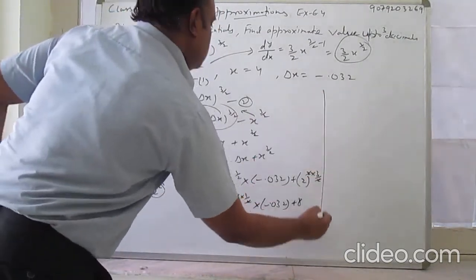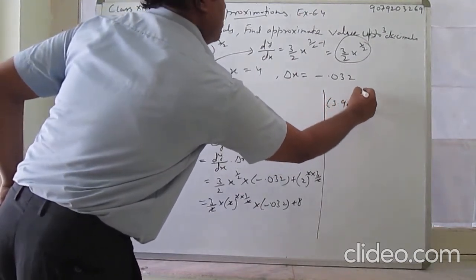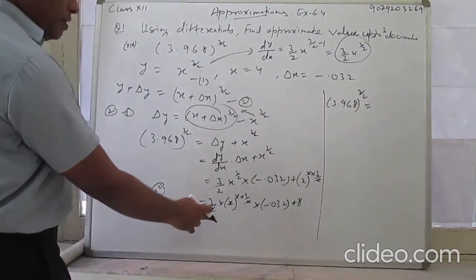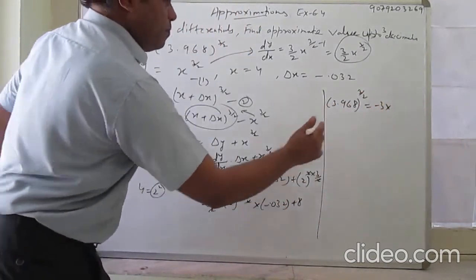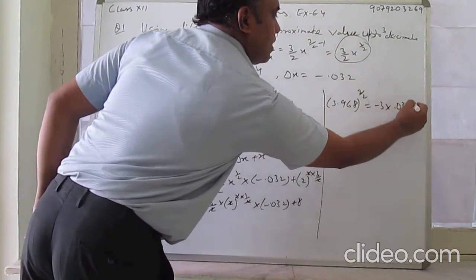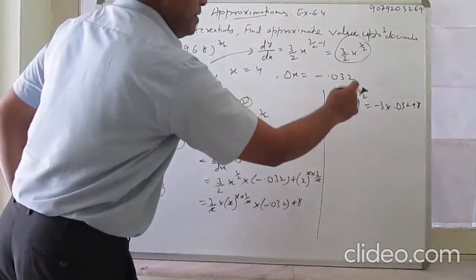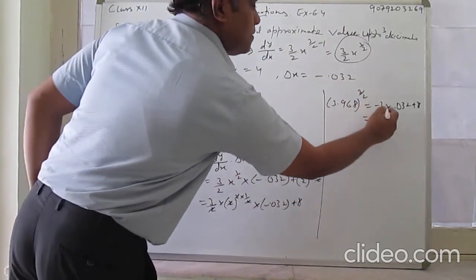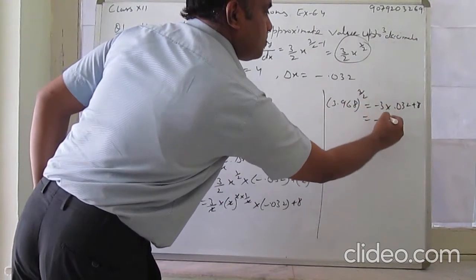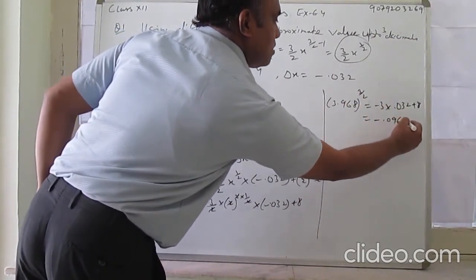It becomes 3.968 to the power 3 by 2 is equal to minus 3 into 0.032 plus 8. It becomes minus 0.096 plus 8.